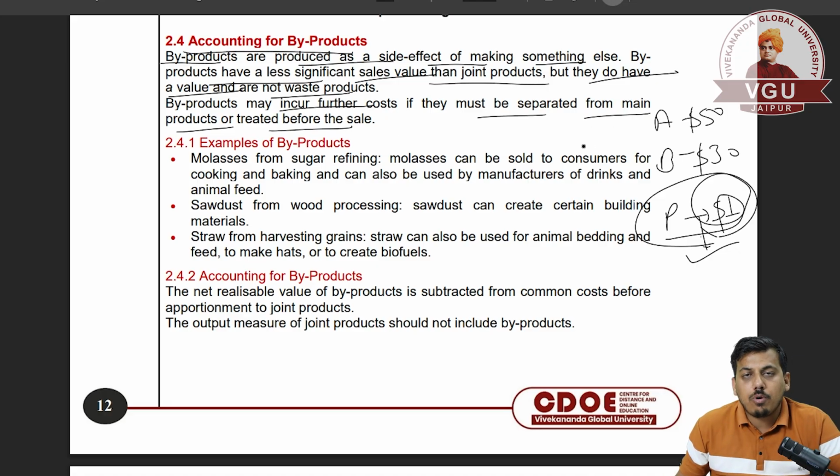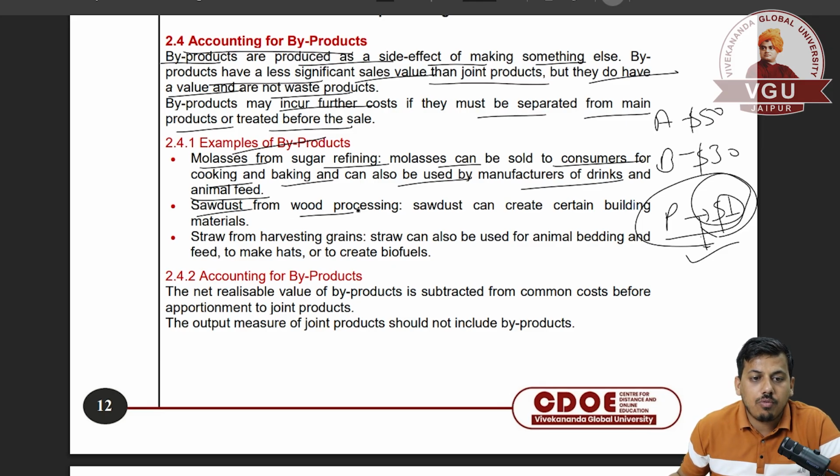Examples are molasses from sugar refining, which can be sold to consumers for cooking and baking, and can also be used for the manufacture of drink and animal feed, as well as sawdust from wood processing, which can create certain building materials, and straw from harvesting grains, which can be used for animal bedding and feed, and to create biofuels.